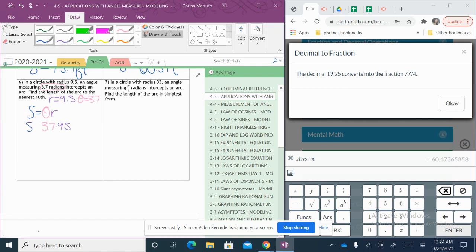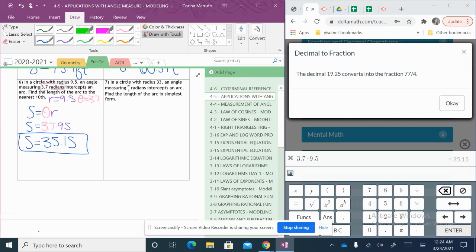So our arc length S is equal to 3.7 times 9.5. Enter, that gives me 35.15. So S equals 35.15. And it'll give us the units.